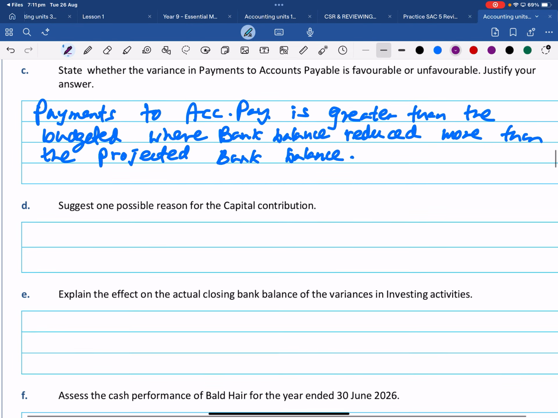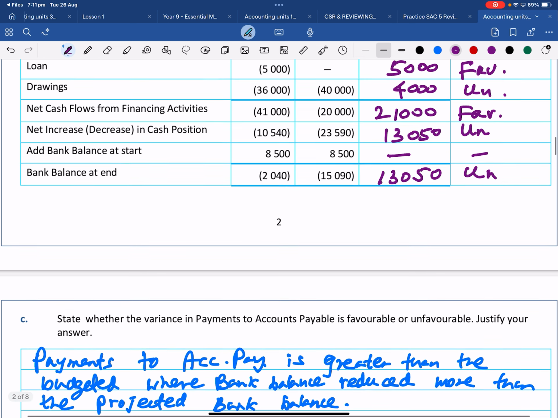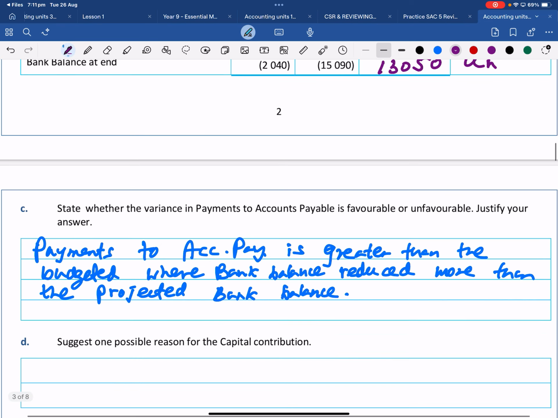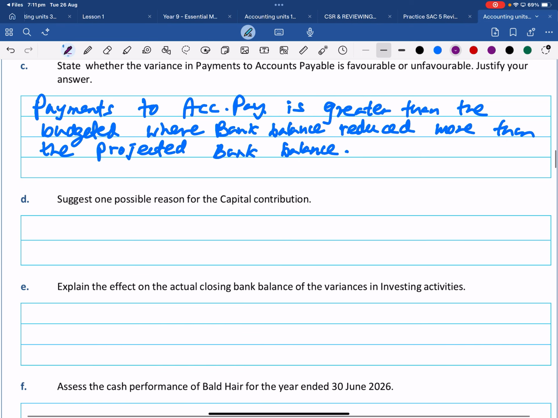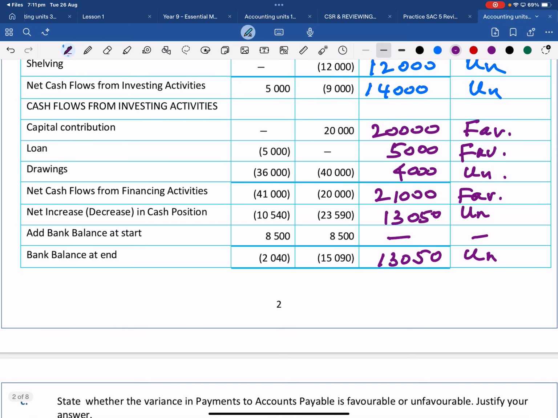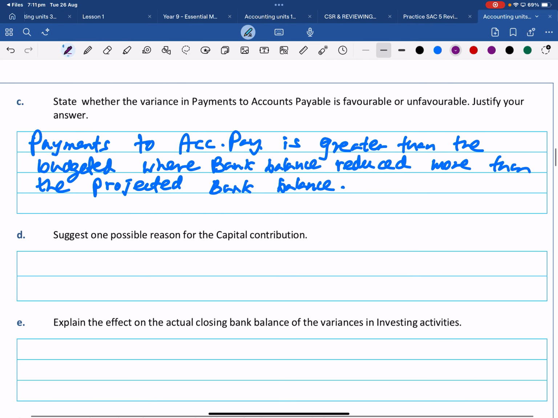Suggest one possible reason. I would write it. What is the correct answer? Because now what is our bank balance, guys? The bank balance is 15,000. I mean the actual one has become 15,000. That's why the owner had to contribute money, even though it was not budgeted.